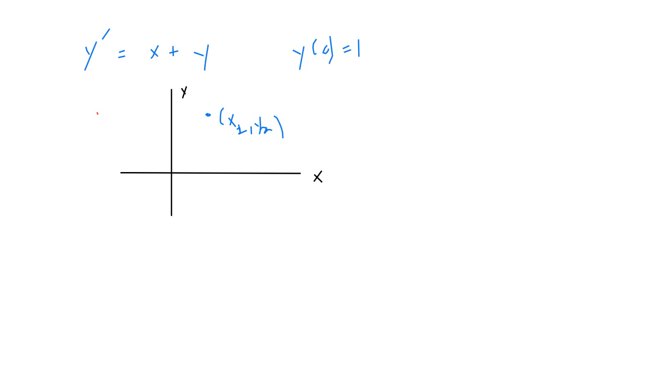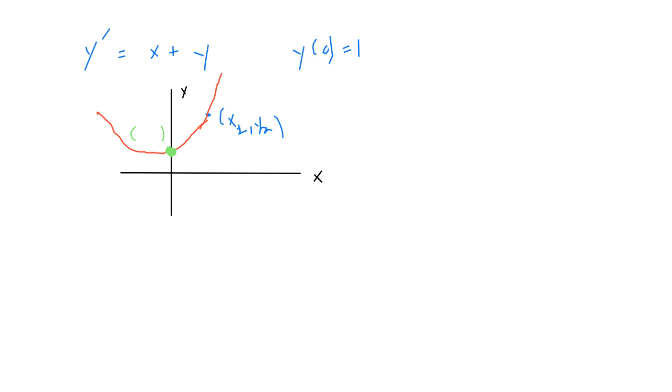Don't worry about that right now, but the solution looks like this. Okay, so if the solution passes through, and incidentally, what's this point here? What are the coordinates for that point? (0, 1). (0, 1). That's right.